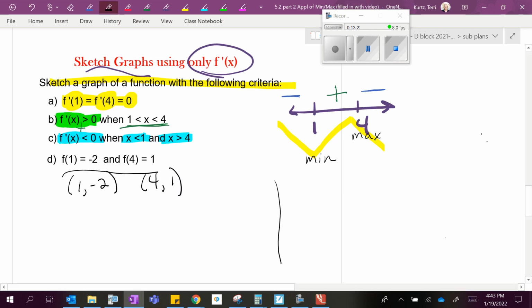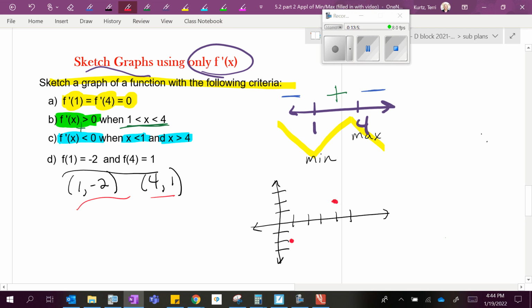So if we wanted to sketch a graph of this function without really knowing too much about it, we can draw a graph. Again, we only need the points here that we know about. So we need (1, -2) and we need (4, 1).